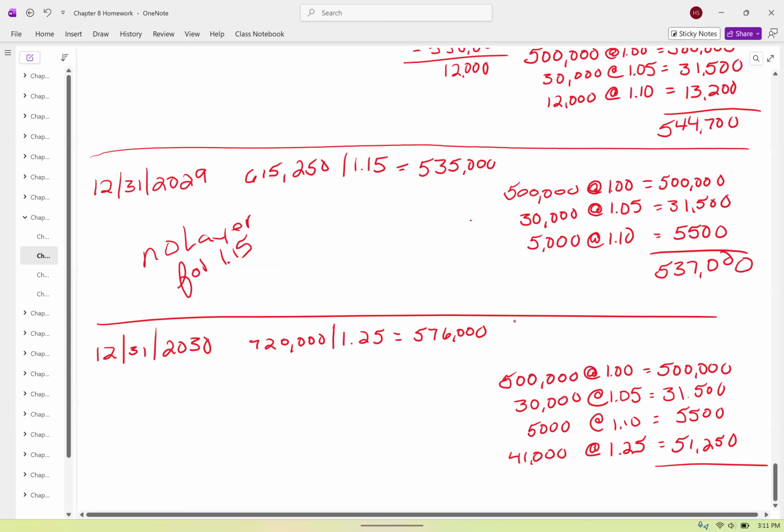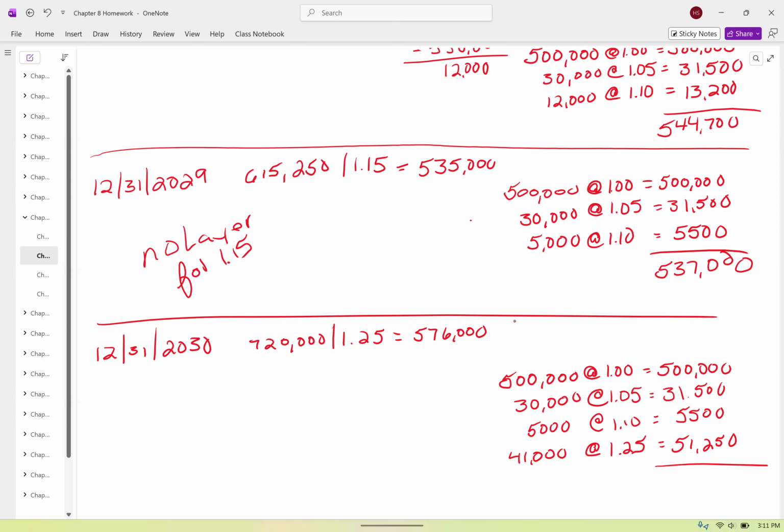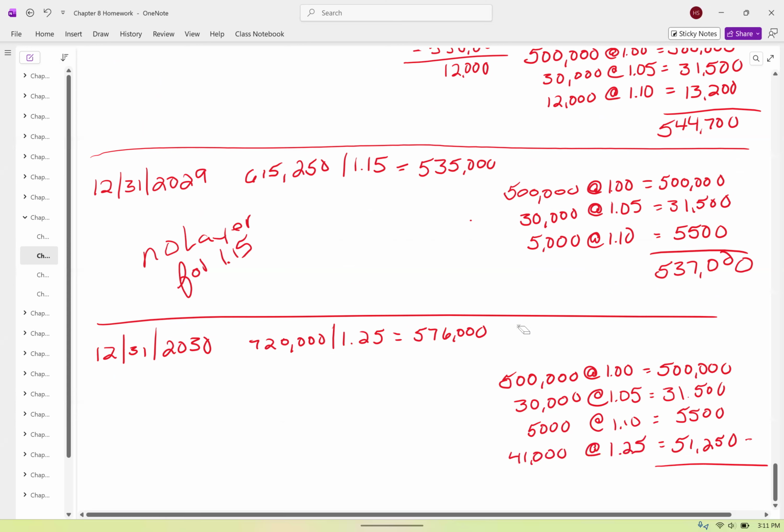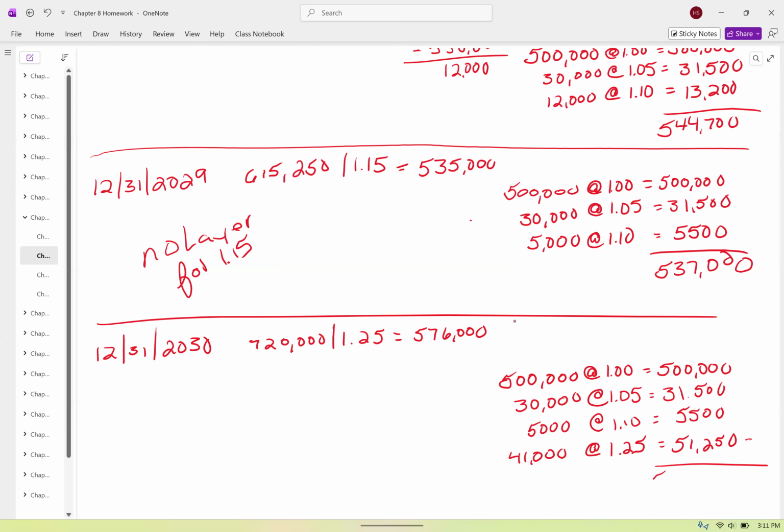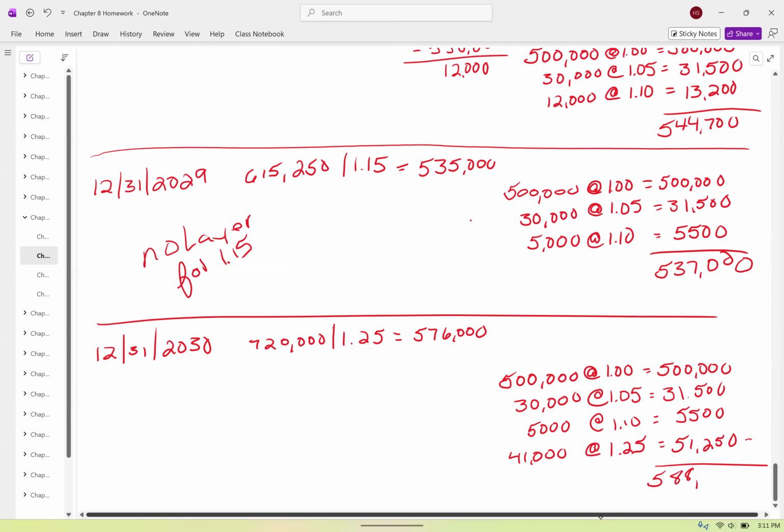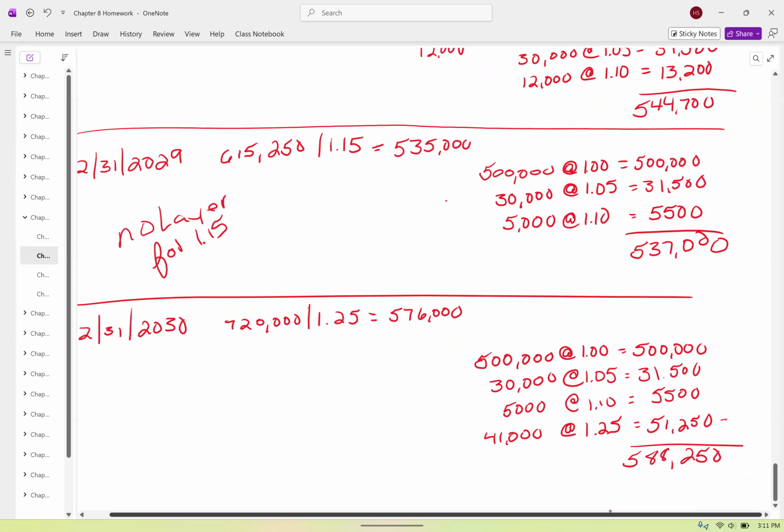If we total all those up, I was just cheating since I had this number in my calculator. I just took this number and added what was above to it. That gives us $588,250. So that is dollar value LIFO.